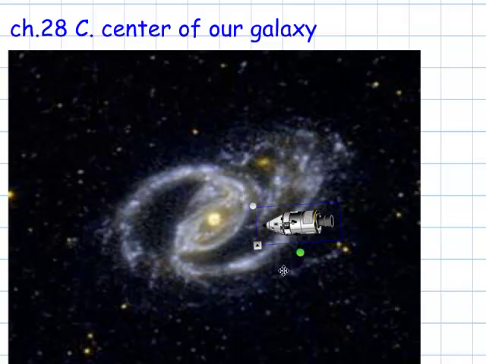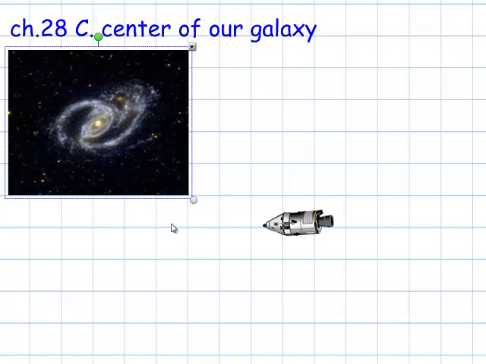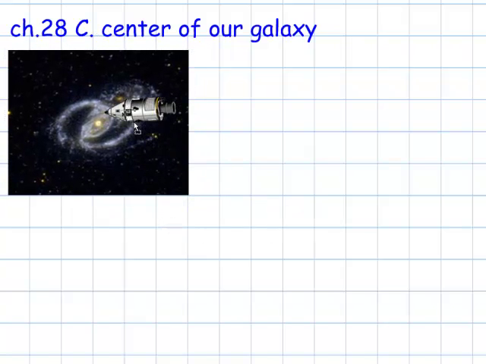And the distance here, let me make this smaller overall because I will need the space. So we're supposed to fly this distance here, there, and that would be the 23,000 light years.